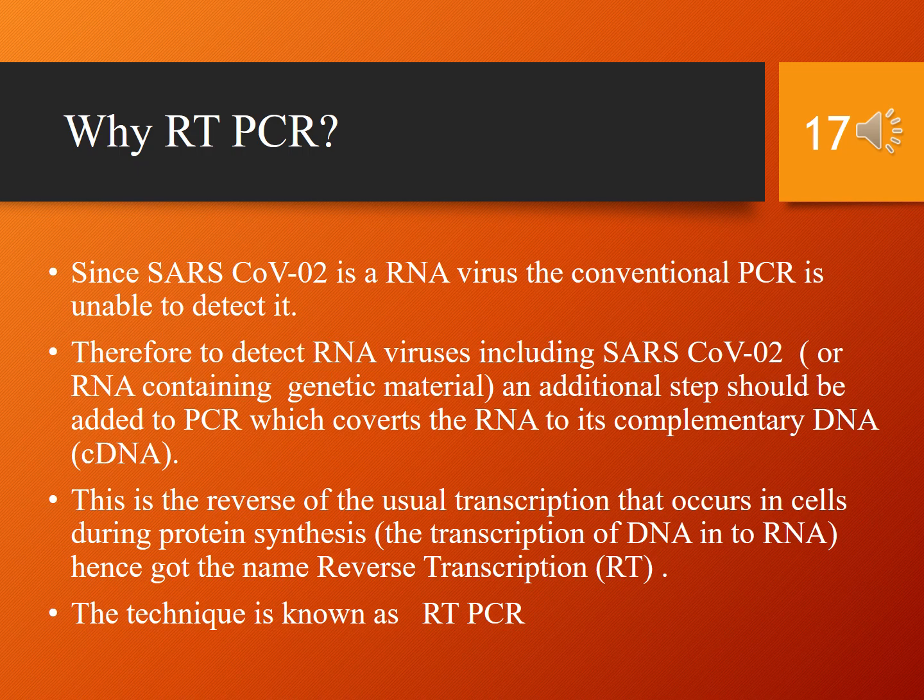This is the reverse of the usual transcription that occurs in cells during protein synthesis. Hence, it has been given the name reverse transcription or RT. This technique is known as RT-PCR.